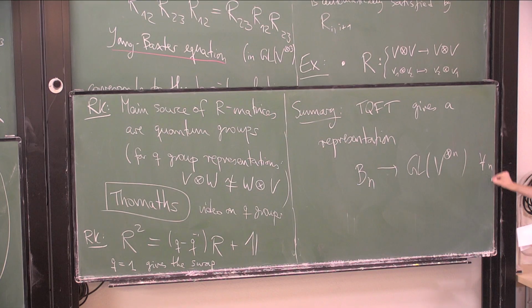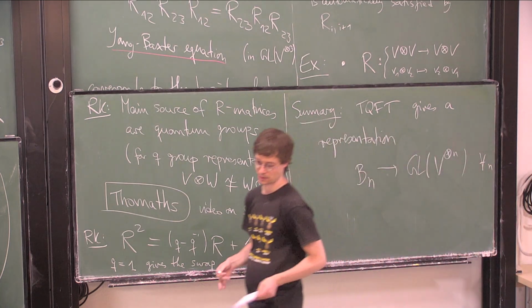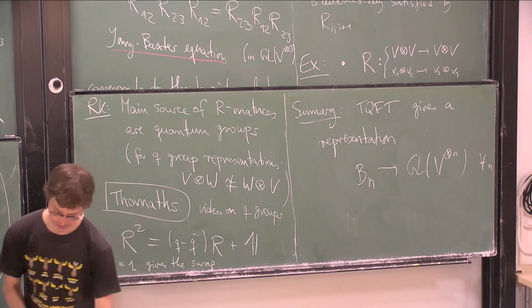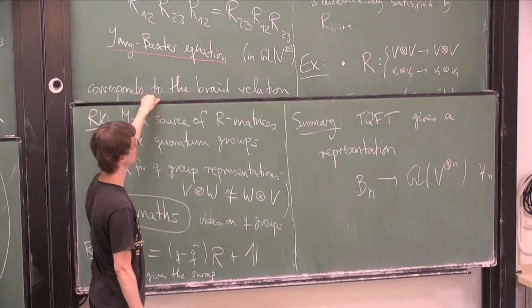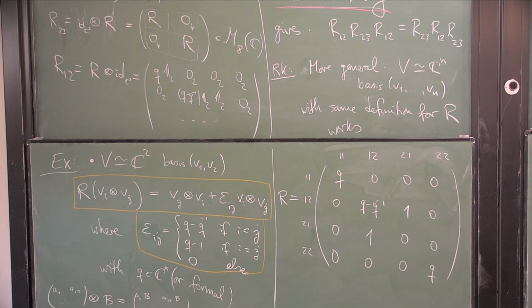You solve the Yang-Baxter equation once and for all, you find one solution R, and this allows you to define a representation for any braid on n strands.